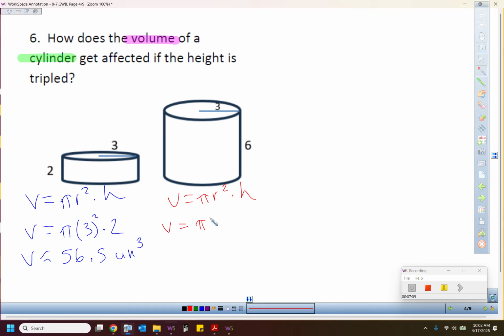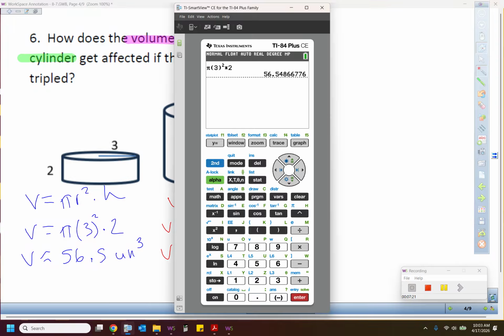The radius is the same, so he's still going to be 3 squared. But the height has been tripled. So we'll punch that in and get a little decimal. Pi times 3 squared times 6.